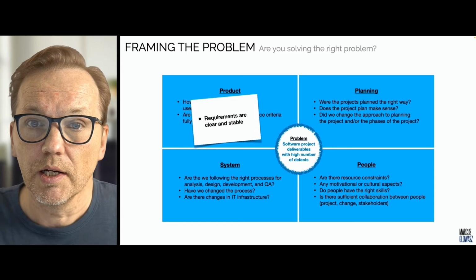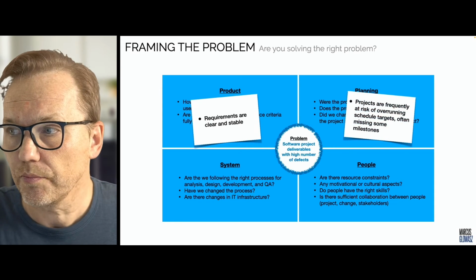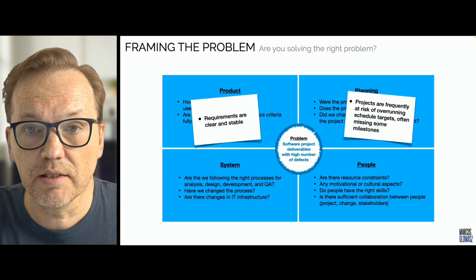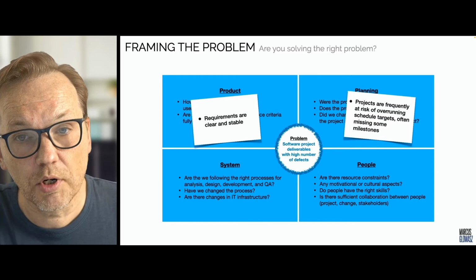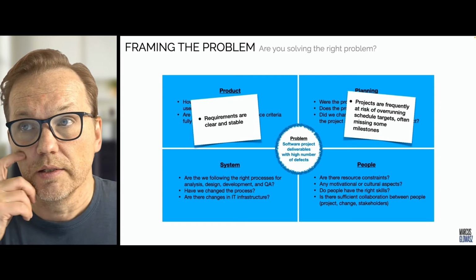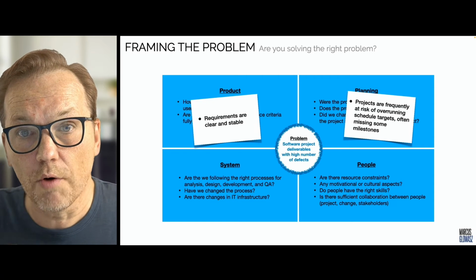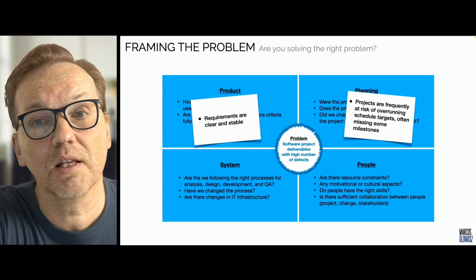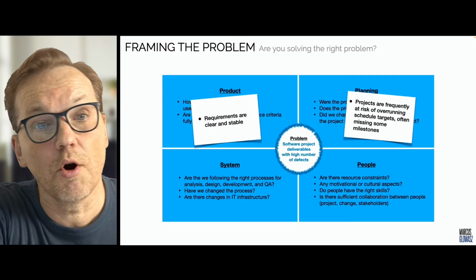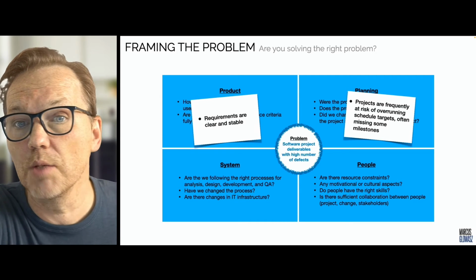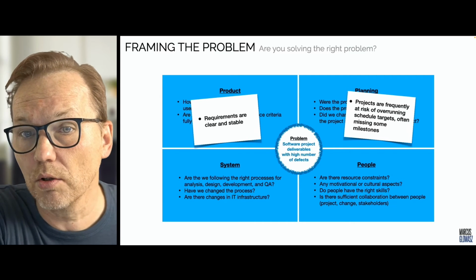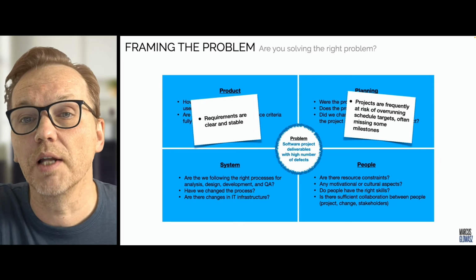We have that. In terms of the planning part, as an example, we find out that those projects we are looking at are frequently running at risk of overrunning the schedule targets. They may get delivered on schedule, but it's often a stretch. They're missing some intermediate milestones, and then everything comes in last minute.